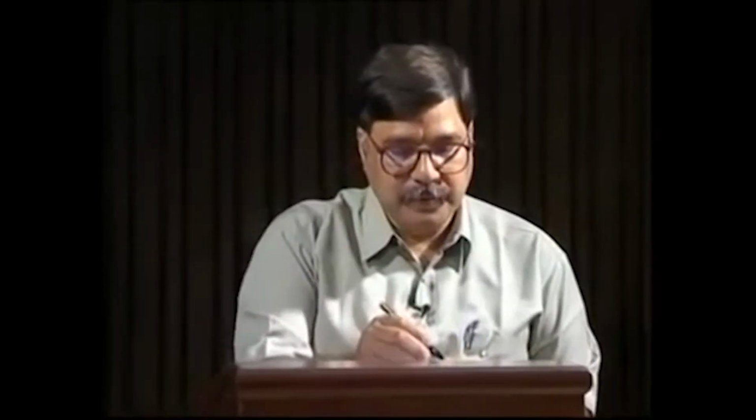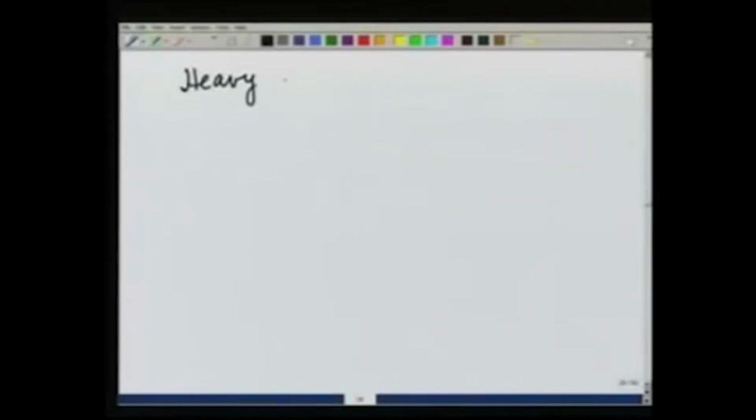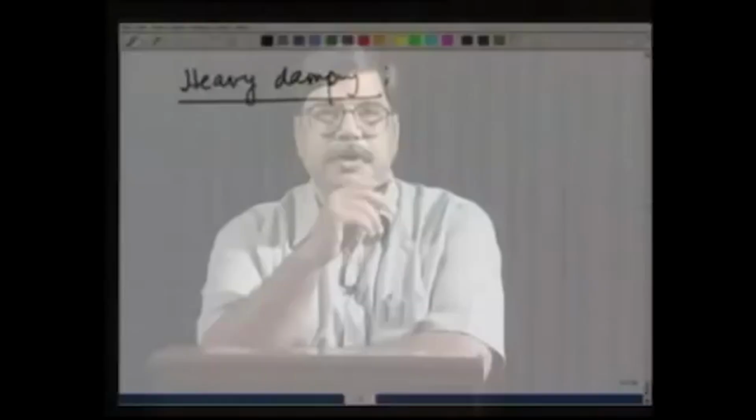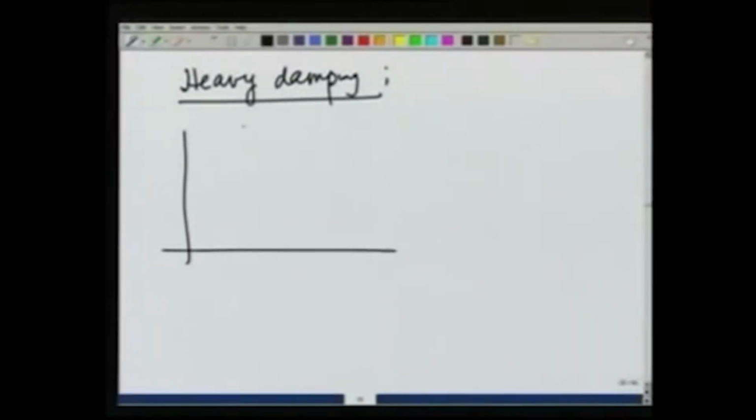What happens if I go to heavy damping? If you recollect the previous lecture, we recall that in heavy damping, without force, no applied force, the motion finally came to a stop like this.